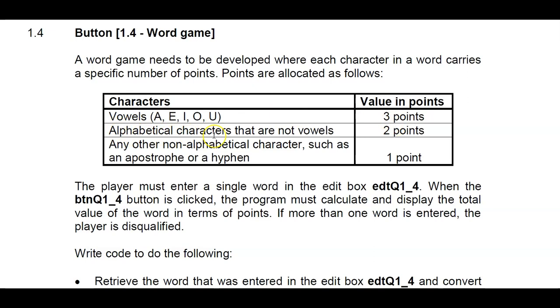Any other alphabetical letters, so your consonants, are 2 points. And then any non-alphabetical characters, that means special characters. And the examples they give here, the apostrophe and the hyphen, those aren't our only special characters. So don't code only for them, but they're worth 1 point.